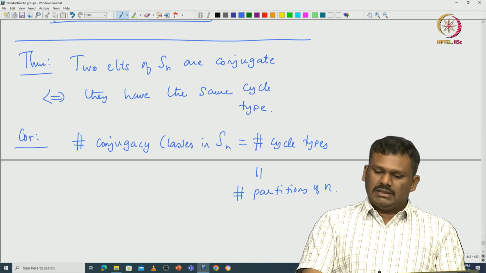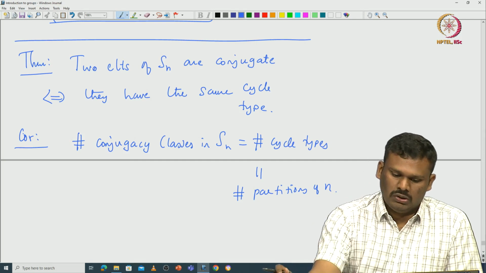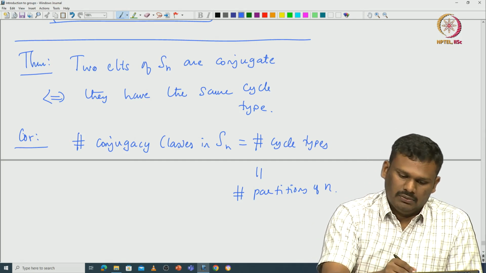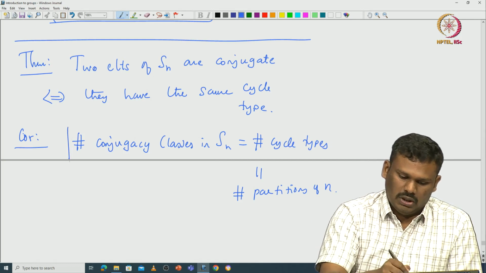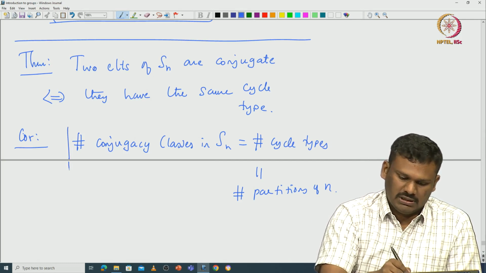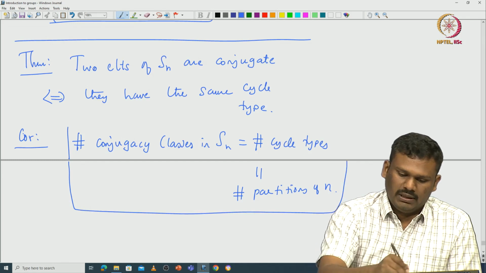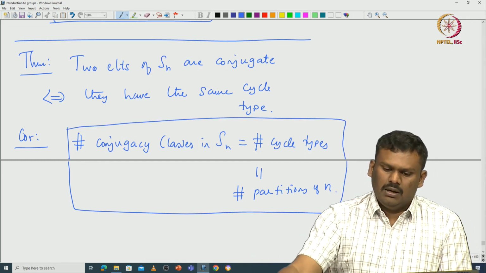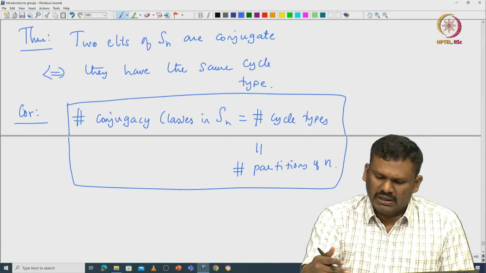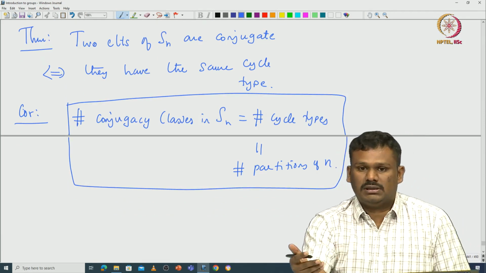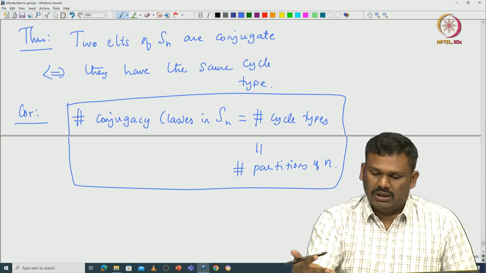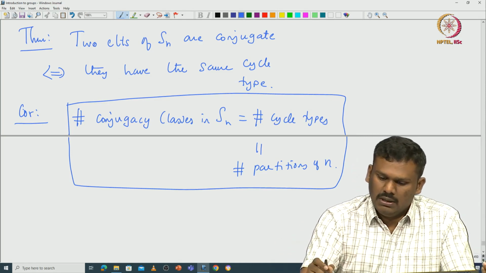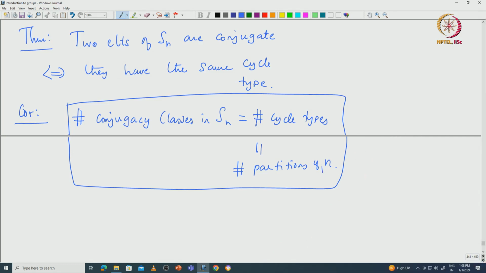So the number of partitions of n is exactly equal to the number of conjugacy classes in Sn, and one knows a lot about these partition functions. Computing them for smaller values is somewhat easy, but as n grows, the number of partitions of n also grows exponentially large. So computing this for large n will be very difficult.